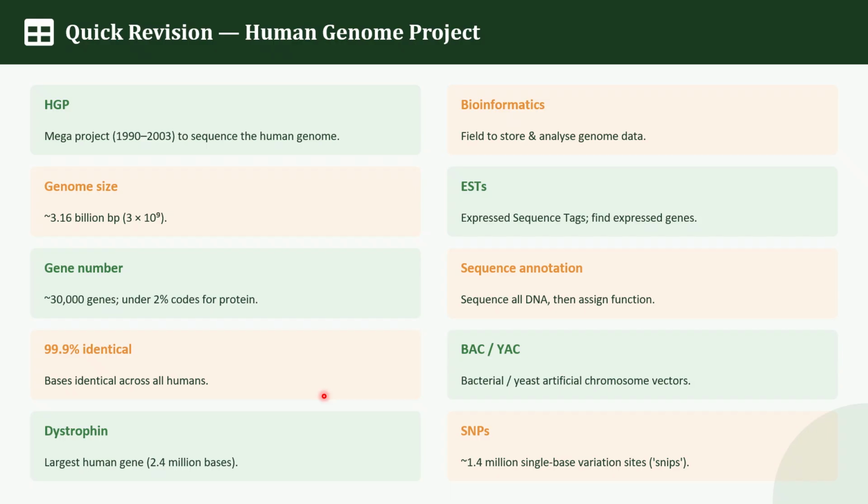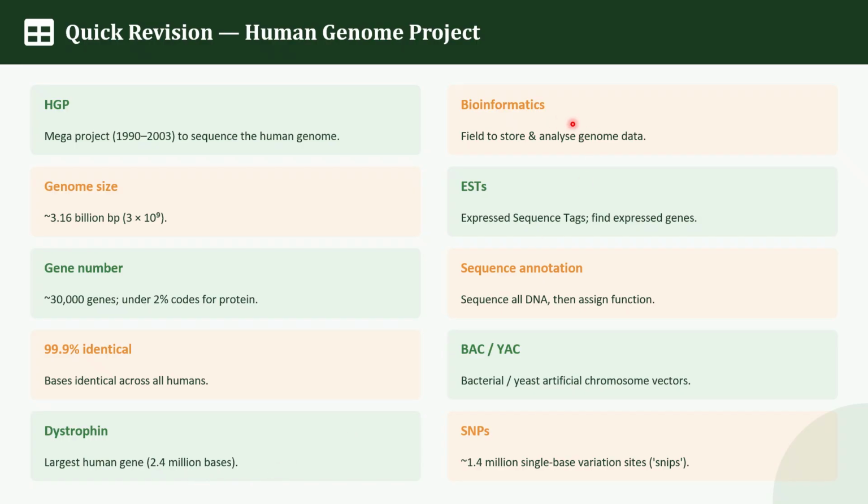The genome size was approximately 3.16 billion base pairs, and the gene number was approximately 30,000 genes, and less than 2% of the genome codes for proteins, and also 99.9 percent of nucleotide bases are identical among humans. And dystrophin, the largest known human gene, has 2.4 million bases.